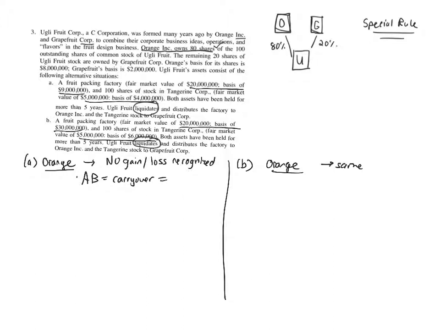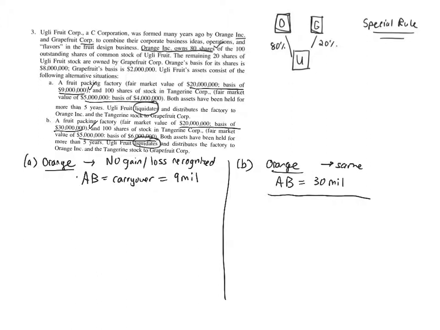So that means in A it's going to be $9 million. Orange is getting a factory from Ugly Fruit. The basis that orange takes is $9 million. The adjusted basis of the factory in B is going to be whatever it is, $30 million.